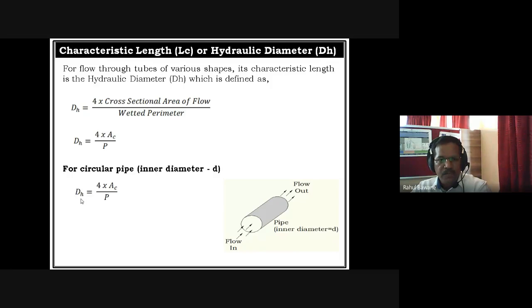Hydraulic diameter is 4 times cross section area divided by wetted perimeter. The cross section area for this pipe is pi by 4 D square, and the wetted perimeter is pi D. So D and square get cancelled, pi get cancelled, 4 get cancelled. So hydraulic diameter for this simple circular pipe is the diameter of the pipe.